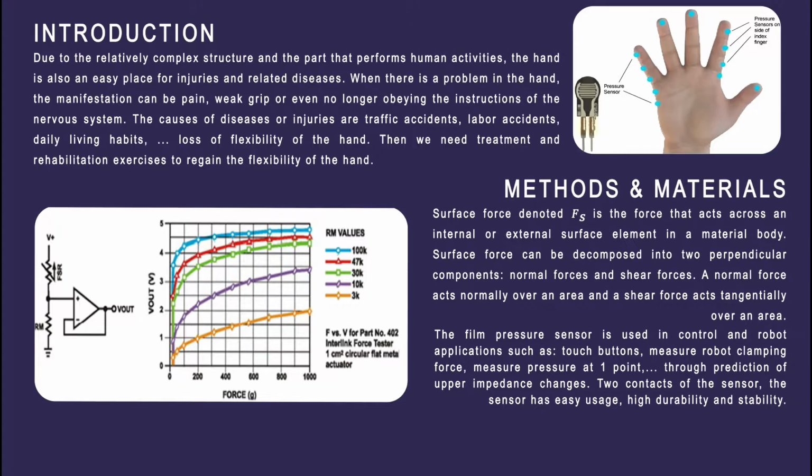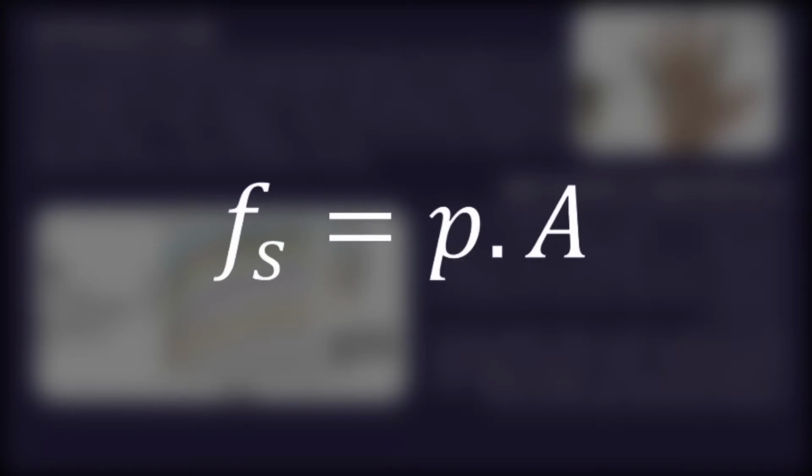A normal force acts normally on an area, and the shear force acts tangentially on an area, which is the formula that I'm showing on the video. F equals P multiplied by A, where F is the force, P is the pressure, and finally A is the area over which the pressure is applied.